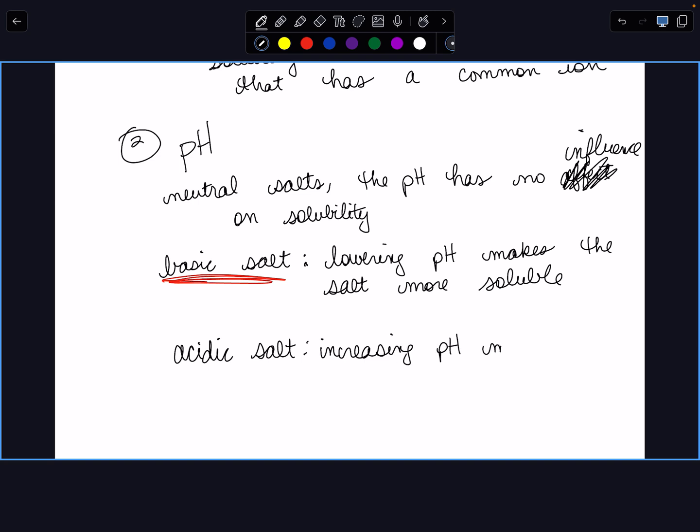Increasing the pH makes the salt more soluble. Basically, it just has to go the opposite direction of what the salt is. And honestly, it all goes back to Le Chatelier's principle. If you shift it the opposite direction, it makes more dissolve.